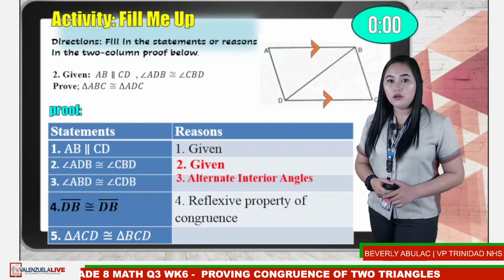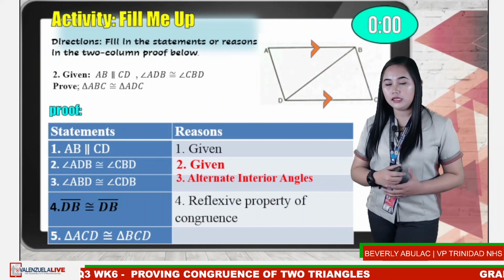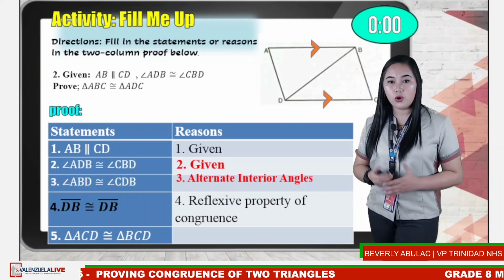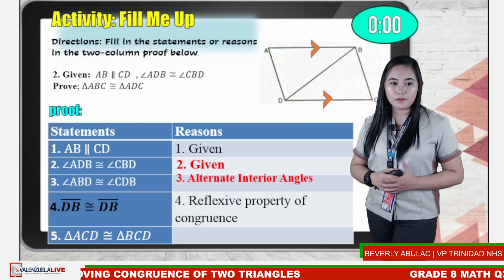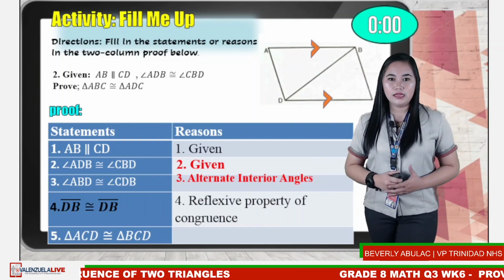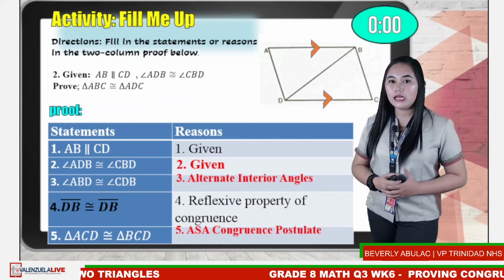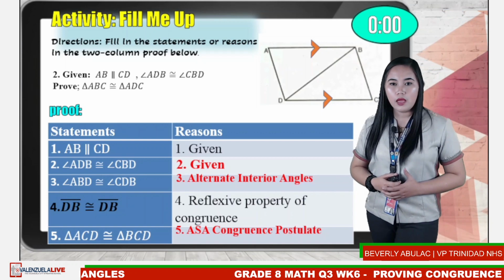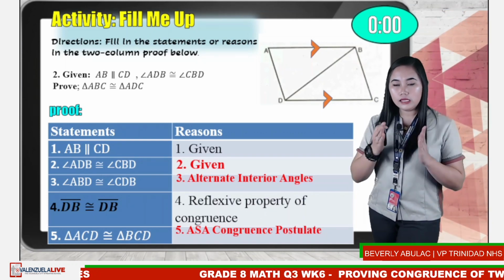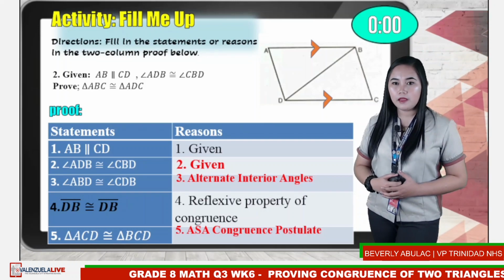So as you can see, for number 2, we write that angle ADB is congruent to angle CDB. Again, this is our given. Next, the third one, angle ABD is congruent to angle CDB, with alternate interior angles as our reason.